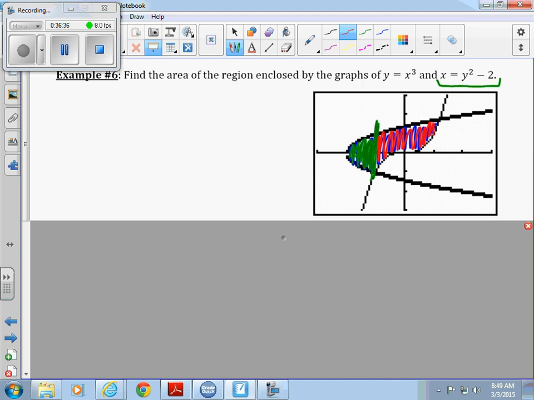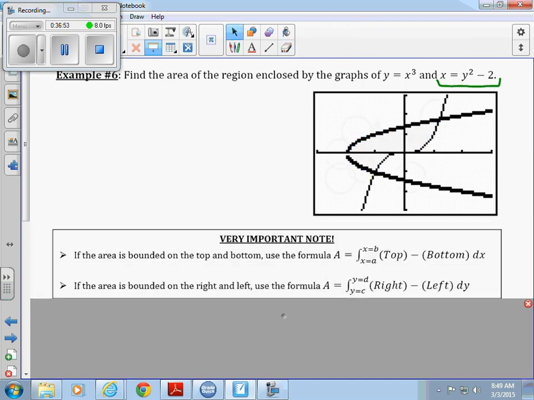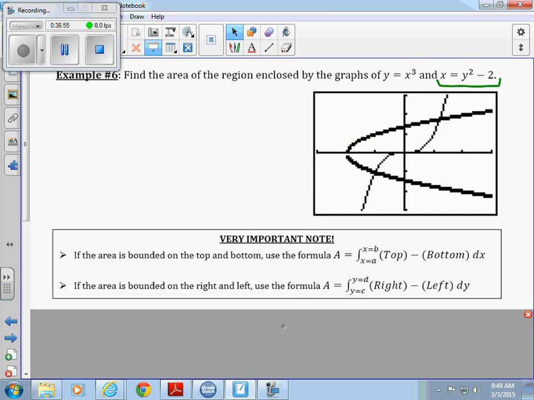Yes. We call it the right-hand function, right? So, creative thinking. We could do a dy instead of a dx. We're going to turn our brain this way, and we're going to make our cuts this way.